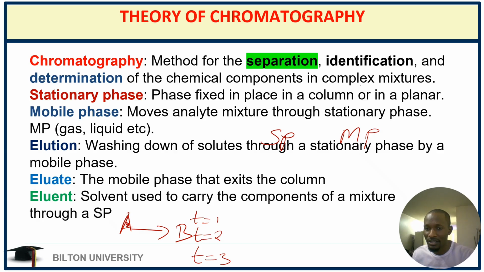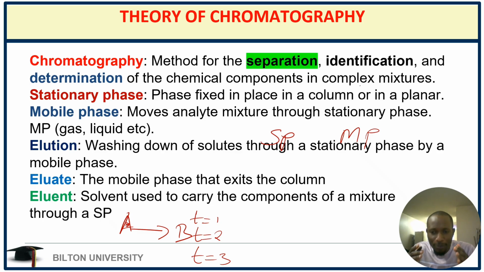And it's these differences in chemical properties between the two phases that allow the separation to take place. Why? Because during this interaction, some of the components within the mixture will find themselves more attracted to the stationary phase, while others will be more attracted to the mobile phase. So it is during that interaction that the separation is brought about.